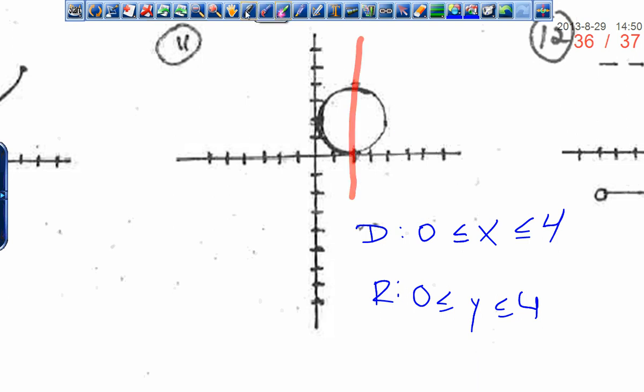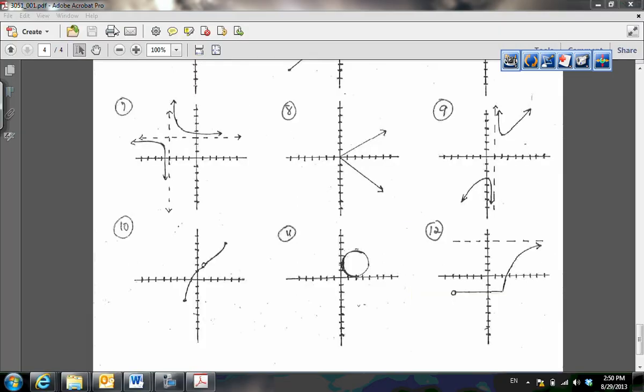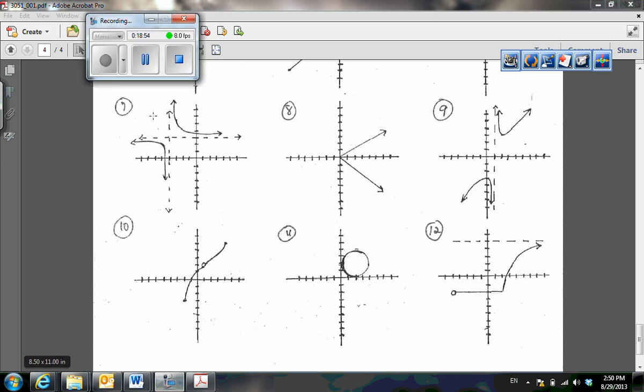No, so it's not a function. And since it's not a function, I'm not going to even worry about whether it's 1-to-1 or not. Would it pass the horizontal line test either? No, so it's not 1-to-1, it's not a function. Awesome, cool, done. Questions about what my expectation is for you as far as domain and range goes? No? Alright. Let's stop.